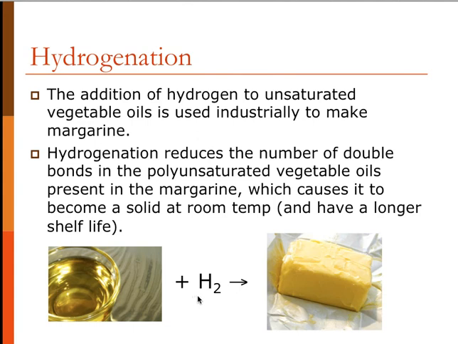And then we have hydrogenation, which is the addition of a hydrogen molecule to unsaturated vegetable oils, and this makes margarine. Okay. And basically it just reduces the number of double bonds.